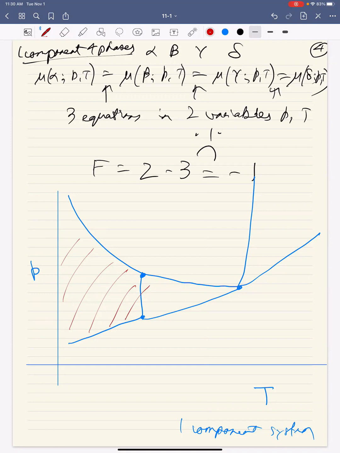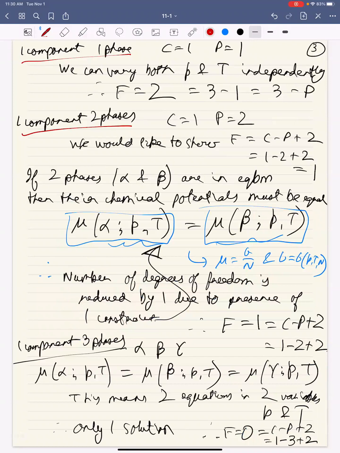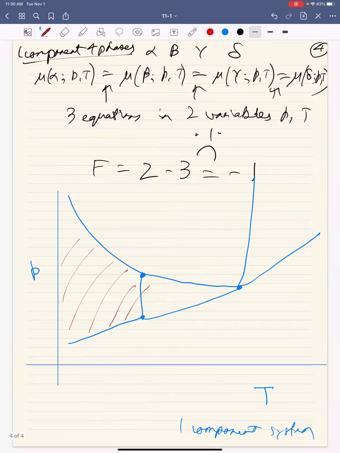And for a one component system, what was the value of P for which we got F is equal to 2? One phase, remember? F is equal to 2 was obtained for one component, one phase. So when you can vary both pressure and temperature, that is going to be a single phase region.